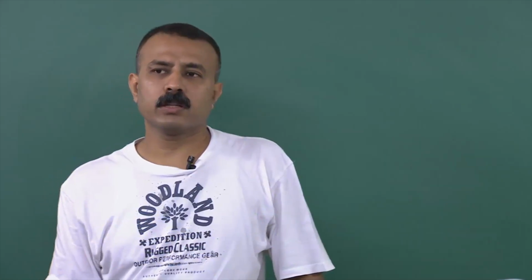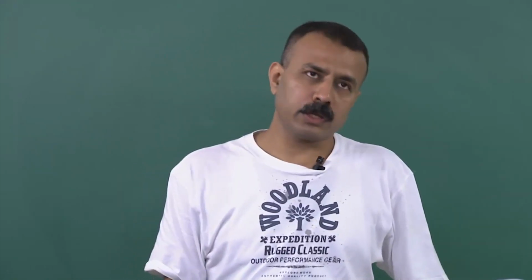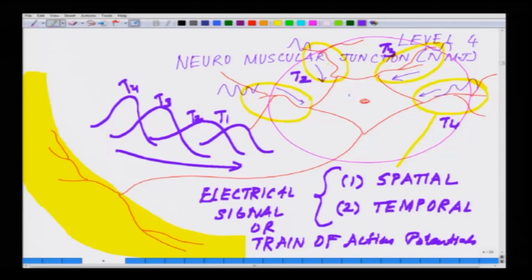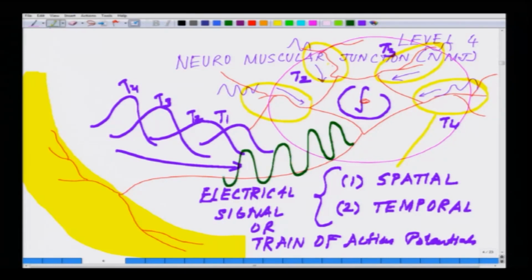They are spatial as well as temporal in nature. And this motor neuron is just like a computer out here. Okay? It integrates all these signals, and this integrated signal is now the master signal which starts to travel down like this along the axon, without allowing any kind of back propagation of information.